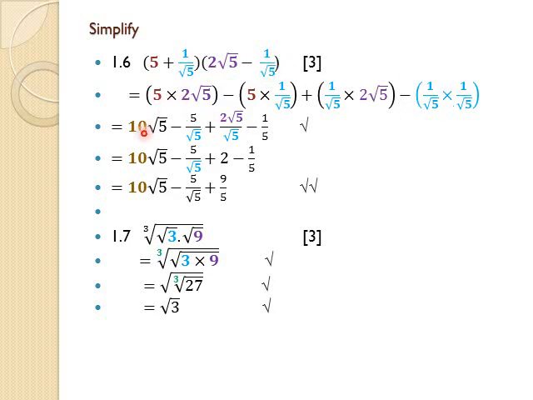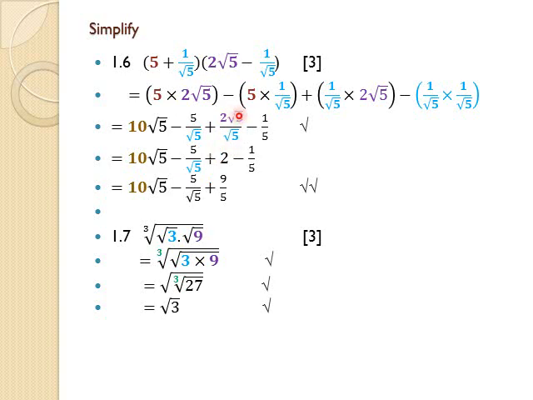5 times 2 would give me 10 square root 5. Then negative stays. 5 times 1 gives me 5, so that becomes 5 over square root 5. There 2 times 1 gives me 2 square root 5 over square root 5, and there 1 times 1 is 1, and square root 5 times square root 5 gives me 5. So that stays 10 square root 5 minus 5 over square root 5.